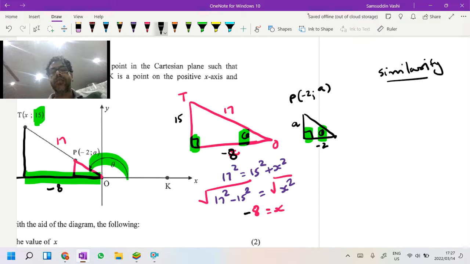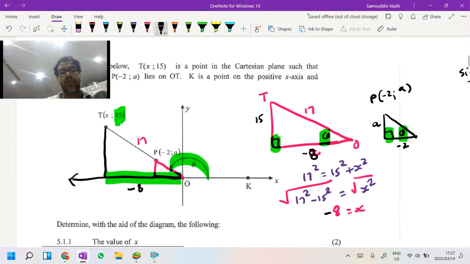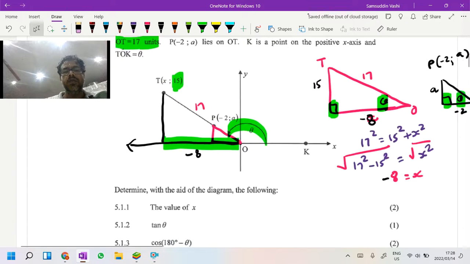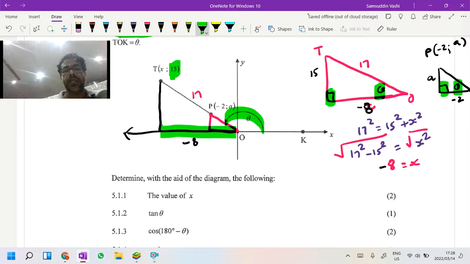When we have similar triangles, we can use the ratio. One triangle will be big, the other triangle will be small. To get the further answers, we are going to use the ratio. But let's keep it for now. I know that later on I'm going to use the ratio. So let's go to the questions then.